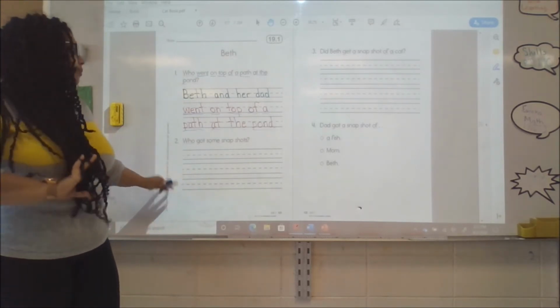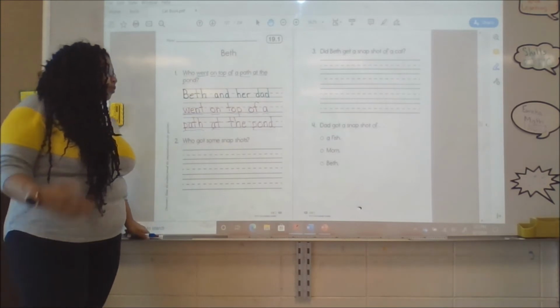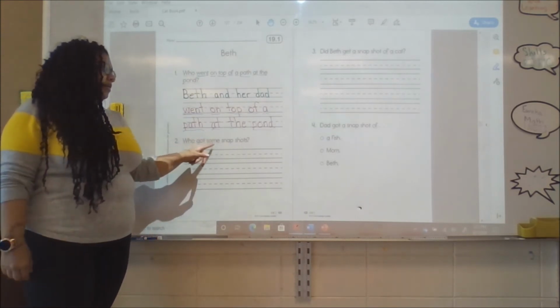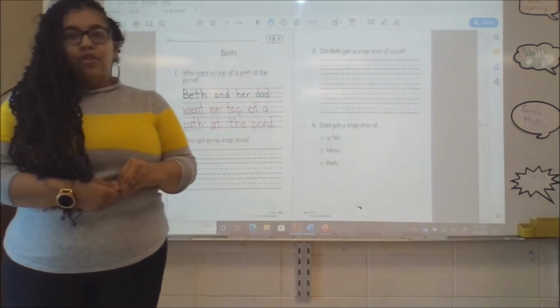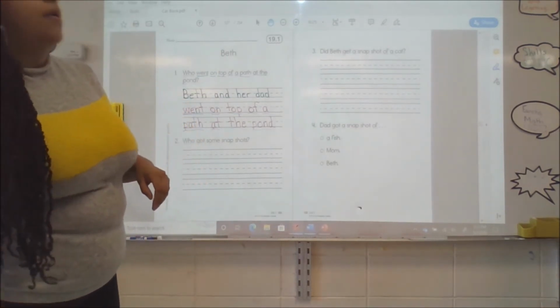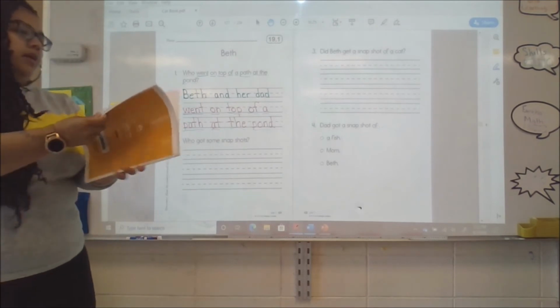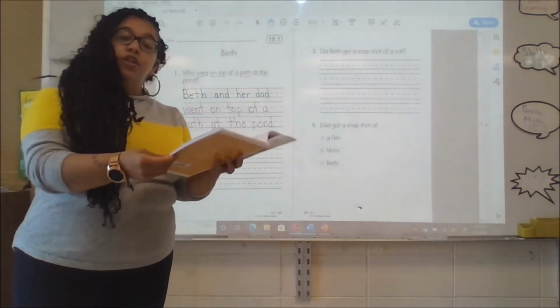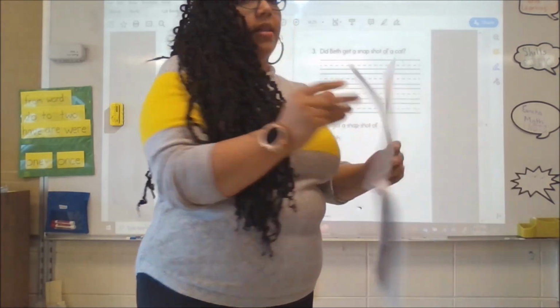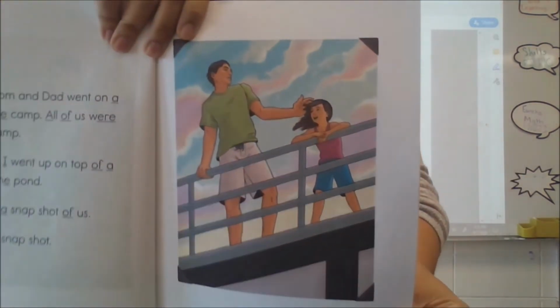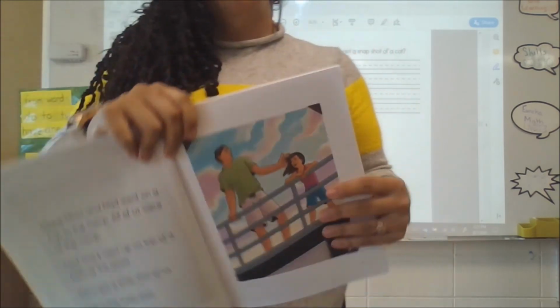to question number 2. Question number 2 says, who got some snapshots? Who got some snapshots in the story? Okay. Let's look back to the story and find out. Well, who did the story tell us took this picture? Good. Mom.